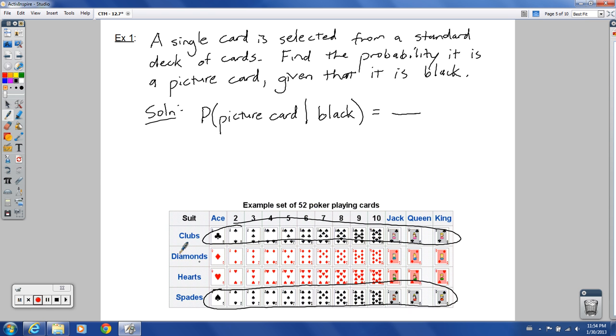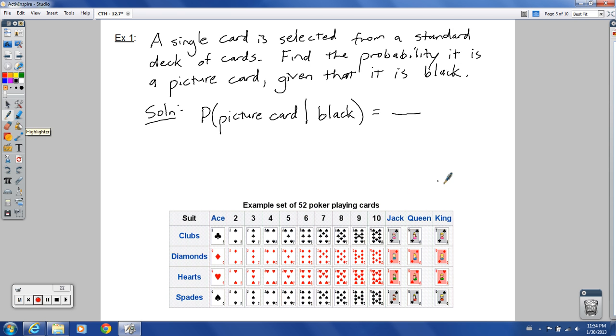That's a total of 26 cards to choose from. Of those black cards, we're not even considering the red cards because we're given that we have black cards to choose from. So given black cards, we have 6 of those that are picture cards.